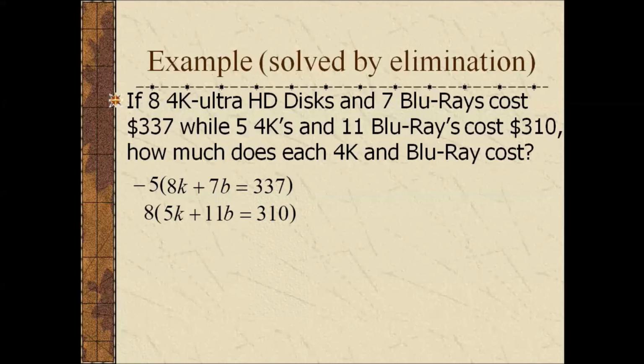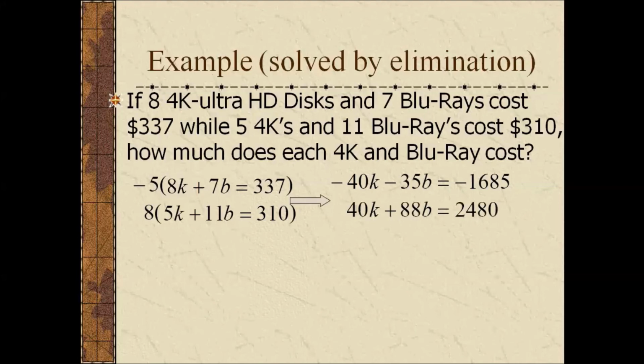I'll distribute the -5 through all the terms in the equation and get -40K minus 35B, and -5 times 337 is -1,685. I'll distribute the 8 through the second equation. I get positive 40K plus 88B, and 8 times 310 is 2,480.